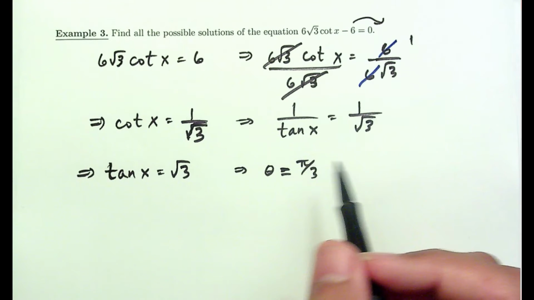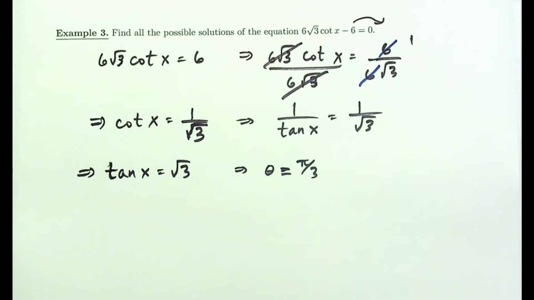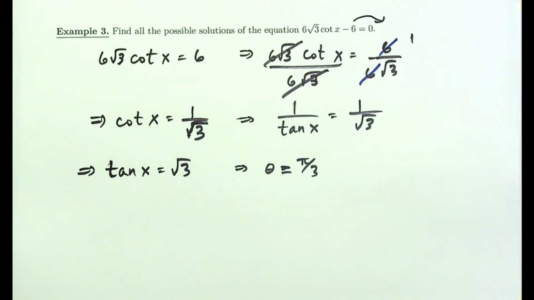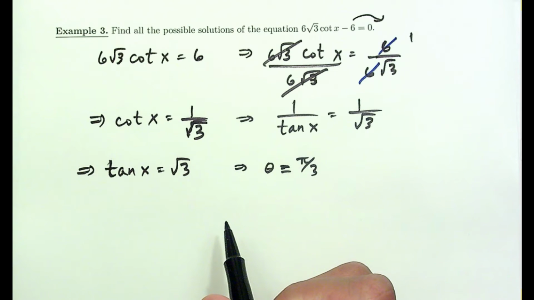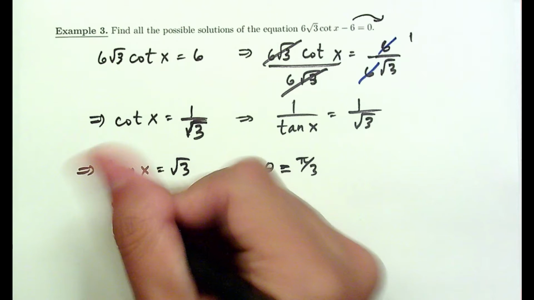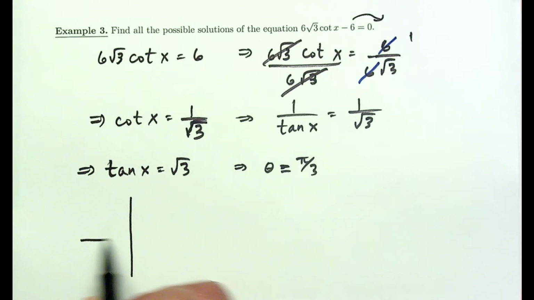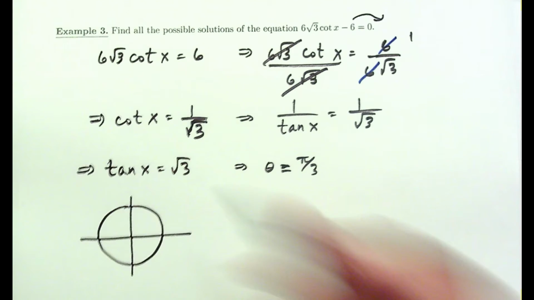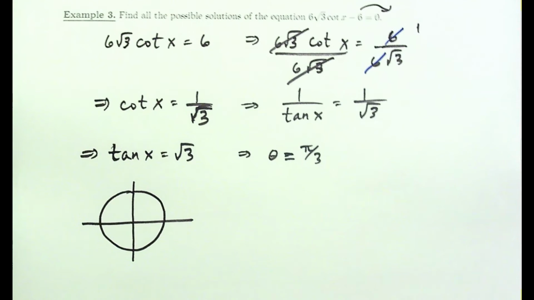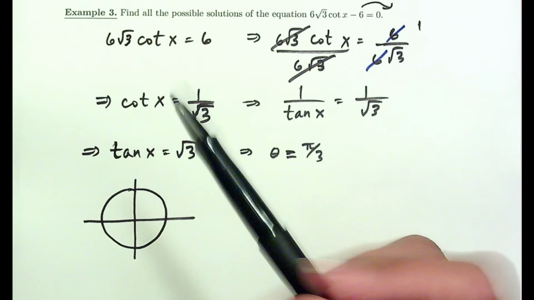That's one angle. To find another one, when it comes to tangent, the other one in the unit circle is actually obtained by adding just pi. When it comes to tangent, it's a little bit different because tangent is a division of sine by cosine.